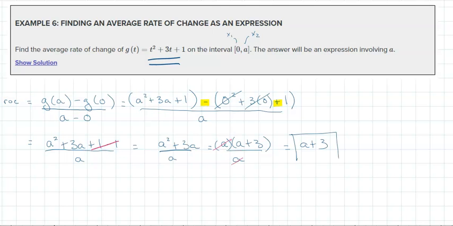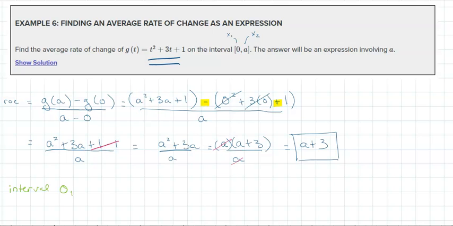So that is the rate of change when you go from 0 to a on the x-axis. In this equation, your rate of change is always going to be a plus 3. What that means is, what if I am going from 0 to 7, for instance? Say my interval is 0 to 7.